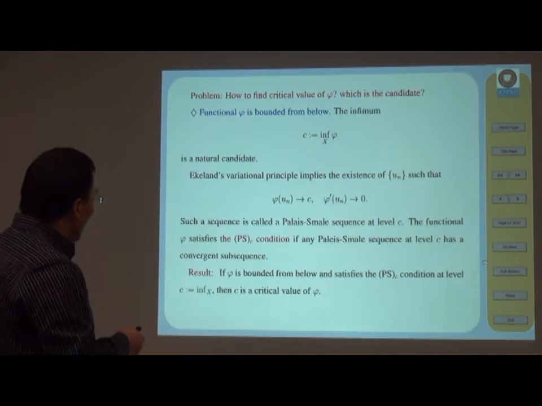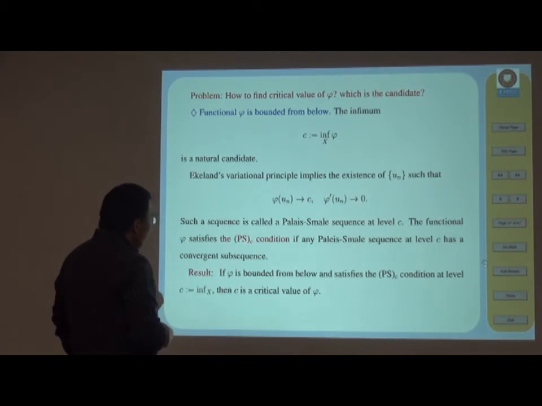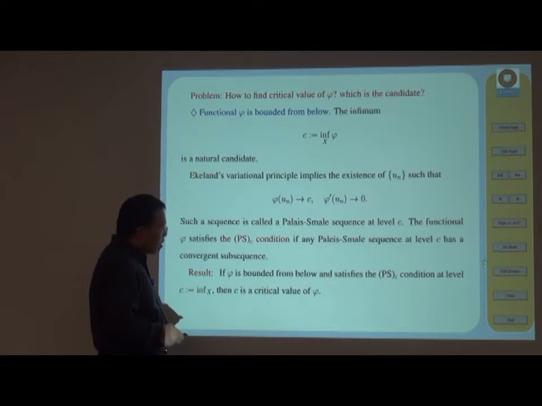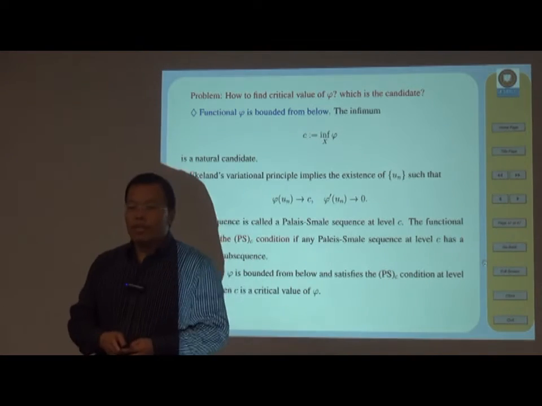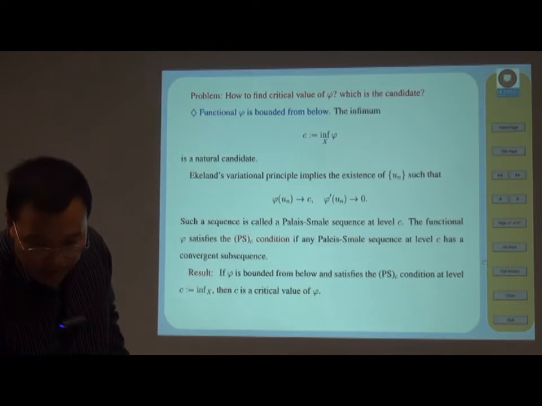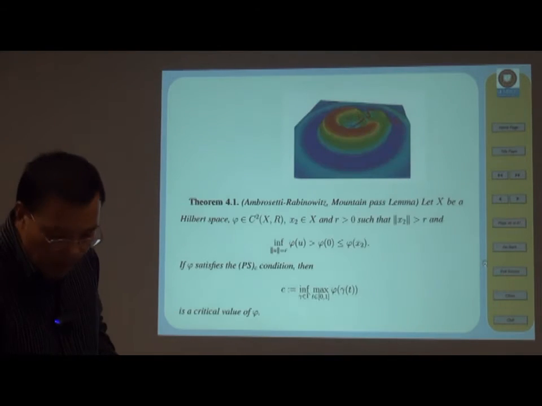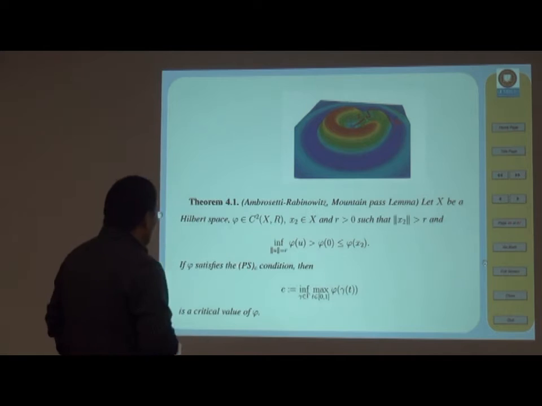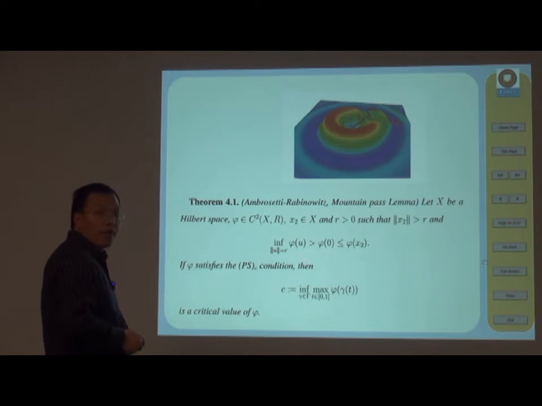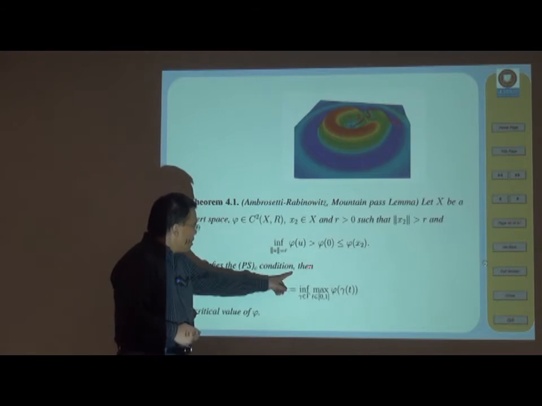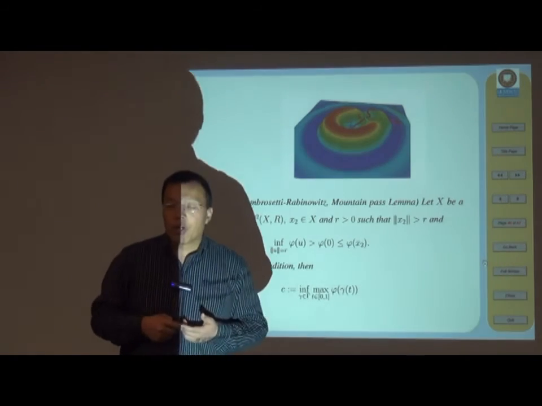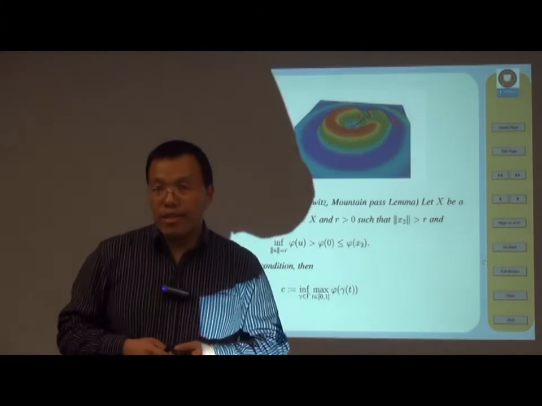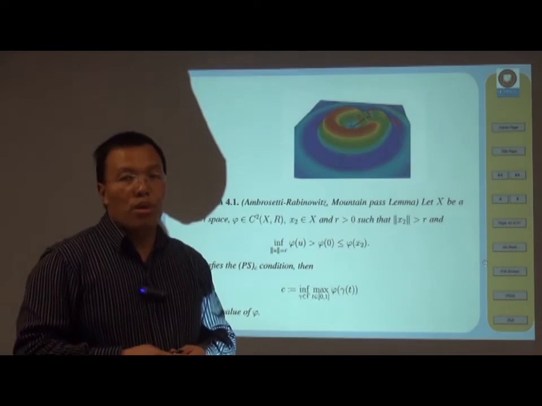But somebody will notice the PS condition. Here phi satisfies the PS condition, and in the second case the PS condition is also required. This condition is mainly to deal with infinite dimensional problems.